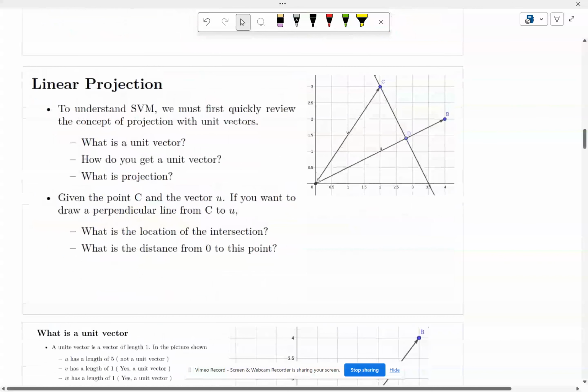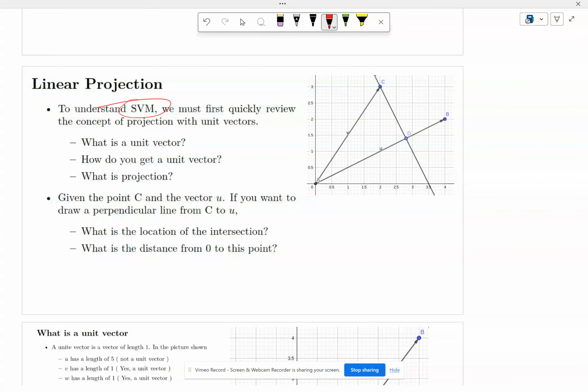So before we understand SVM, first, you really do need to understand some linear algebra, specifically the concept of projection, as well as unit vectors.